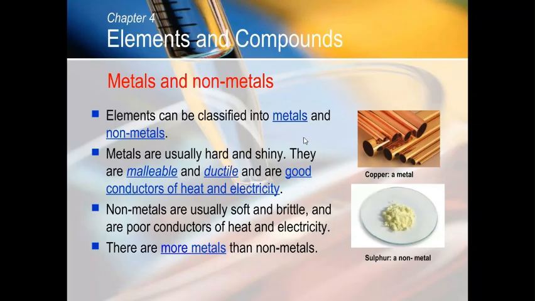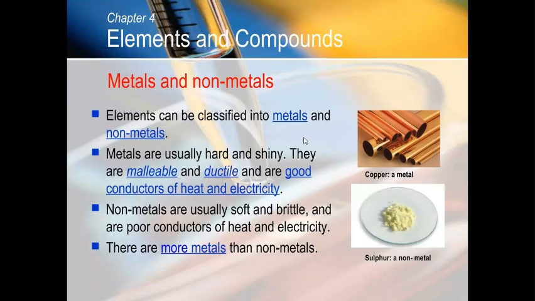It's ductile in the sense that, for example, copper as a metal is very easy to shape. Not only is it malleable and ductile, but depending on the type of metal, all metals share good conductivity of heat and electricity. So to be a metal, you need to be malleable, ductile, and a good conductor of heat and electricity.